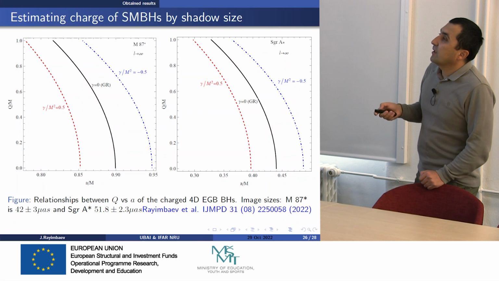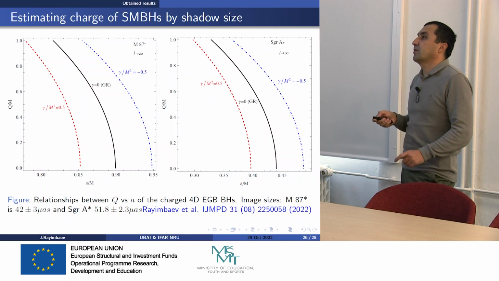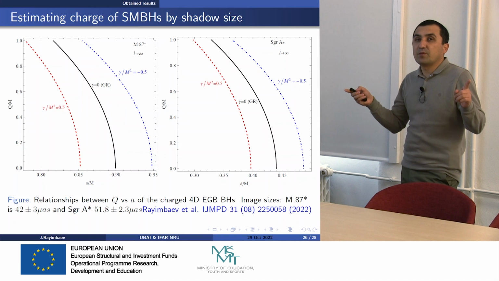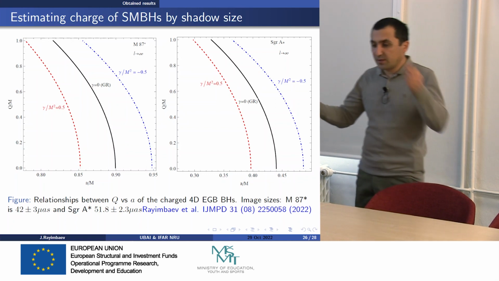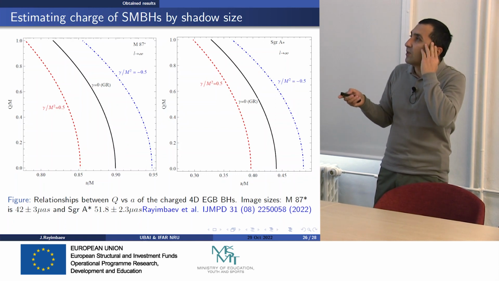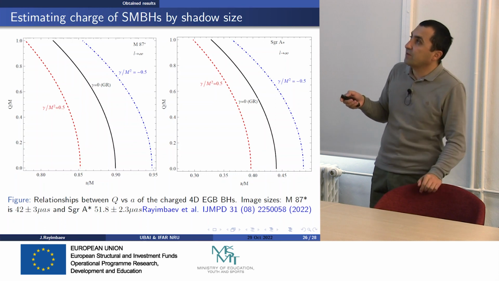And here we use the observational data. This is the angular size of the black hole, and we use the distance between the black hole and the observer, and fix the angular size, and we get the relationship between the charge, the mass and the spin of black holes, which can provide the same black hole shadow size.